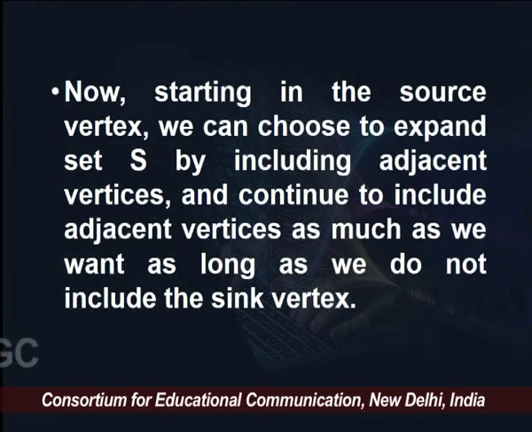In this way, edge by edge, we choose to expand this set S, and as we keep on expanding the set S, that will automatically keep on shrinking the set T, because ultimately we have a finite number of vertices.